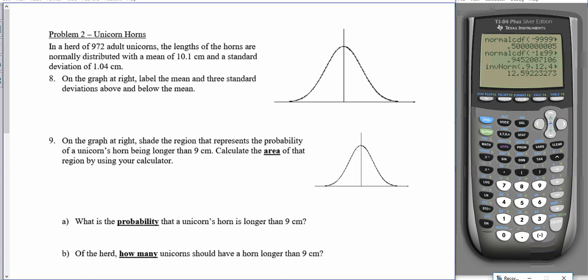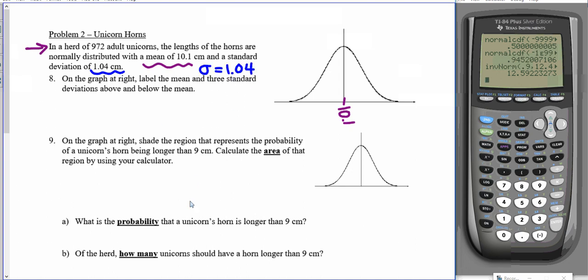We have a herd of 972 adult unicorns. The lengths of the horns are normally distributed with a mean of 10.1, so that's going to be my middle right there, 10.1 centimeters, and a standard deviation of 1.04. So that's my sigma.